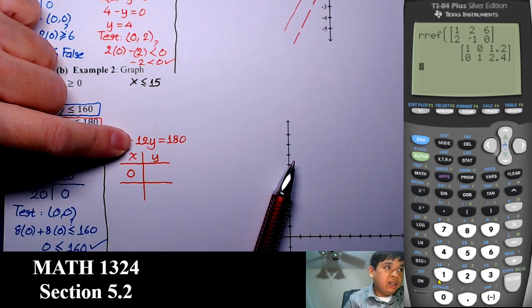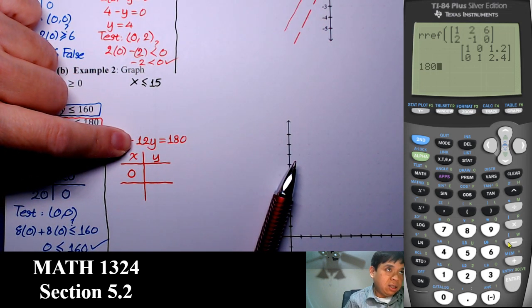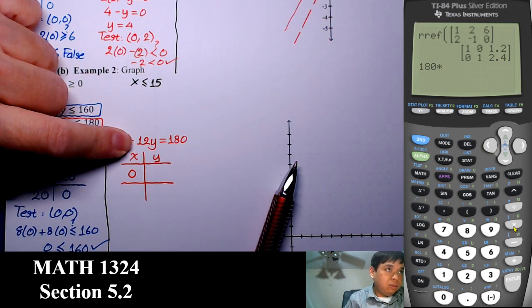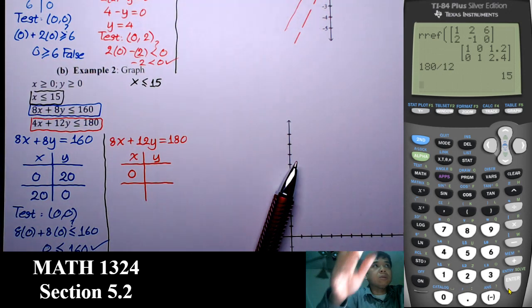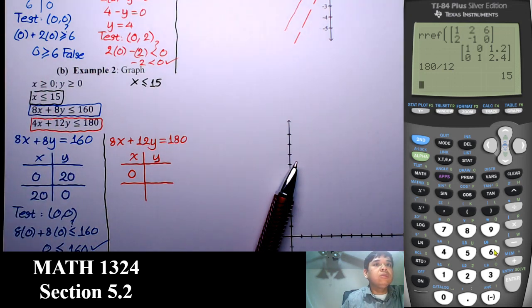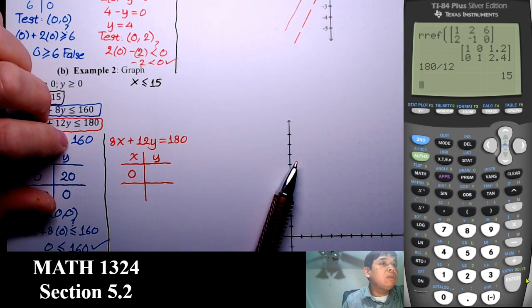We take 180 divided by 12. That would be 15. At 15.